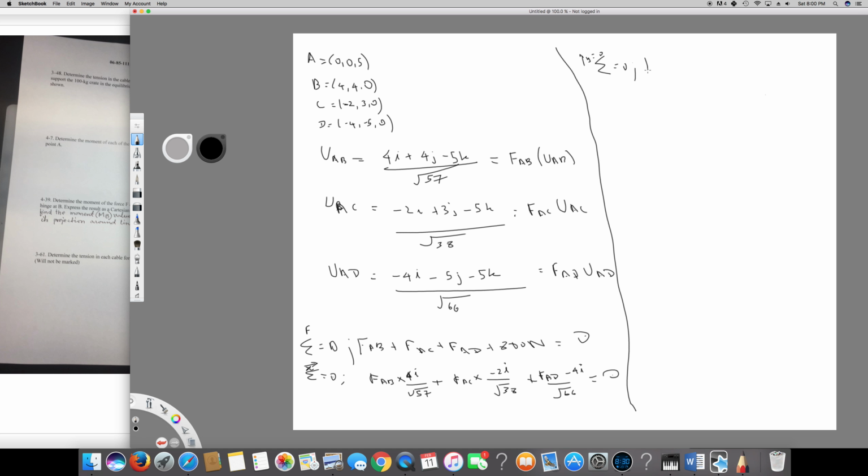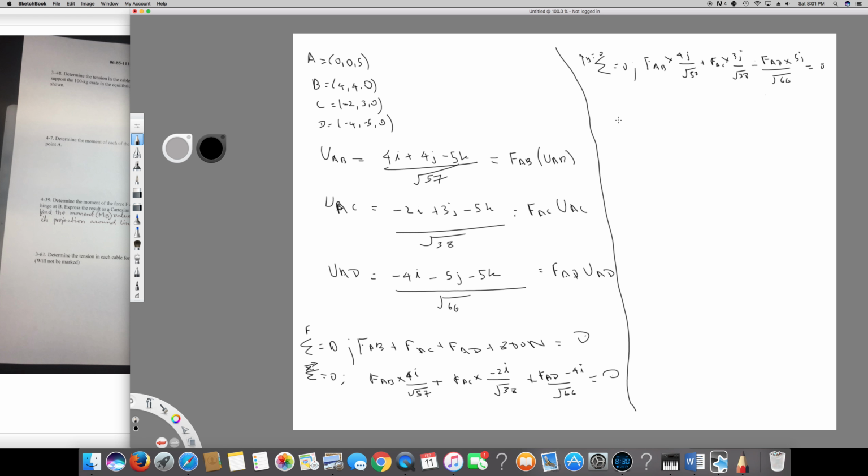First FAB times 4j over square root of 57, plus FAC times 3j over square root of 38, and it's actually minus, so I had to put the minus sign here: minus FAD times 5j over square root of 66, is equal to 0.